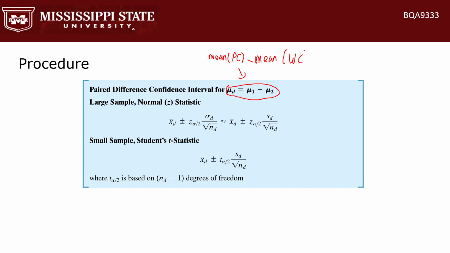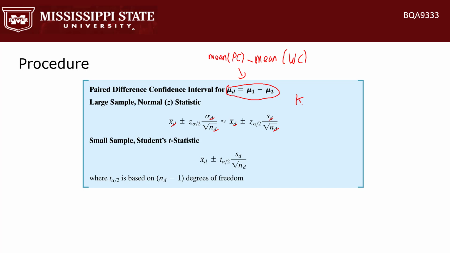So in terms of how we set this up and what we're testing, it's similar to the independent samples, but in terms of implementation, it's more like a single sample test. If we were to scratch out these D's, we would just have a single sample test.